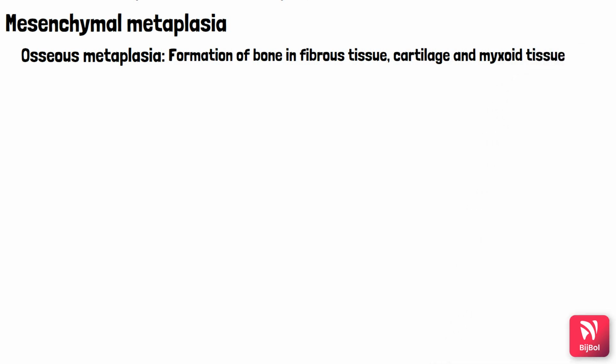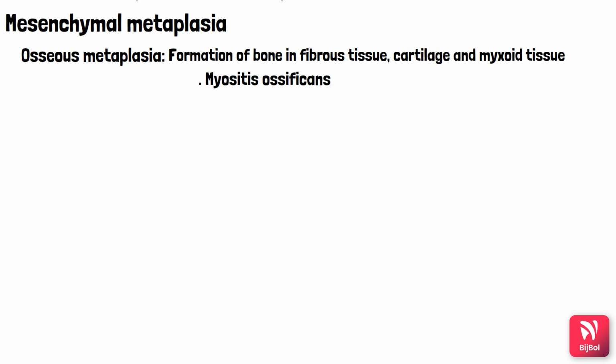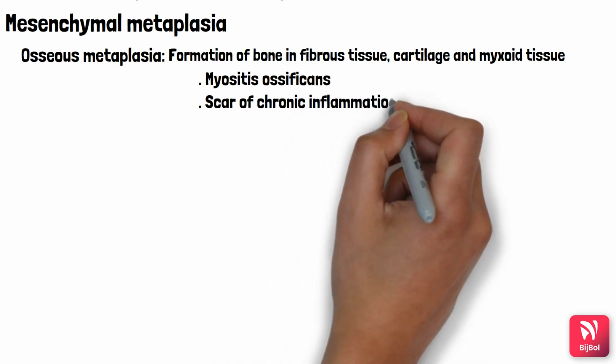This is seen in myositis ossificans, wherein soft tissues undergo osseous metaplasia. And in scars of chronic inflammation of prolonged duration, osseous metaplasia can occur.